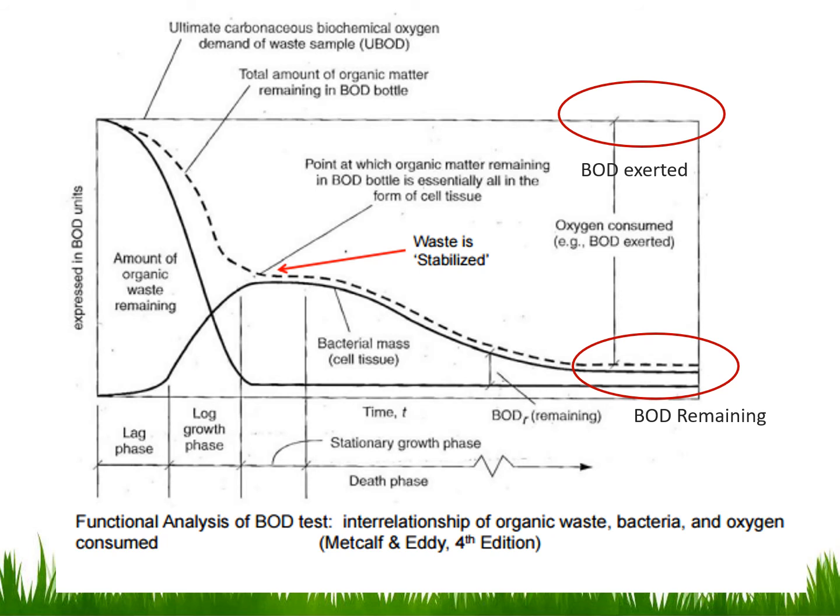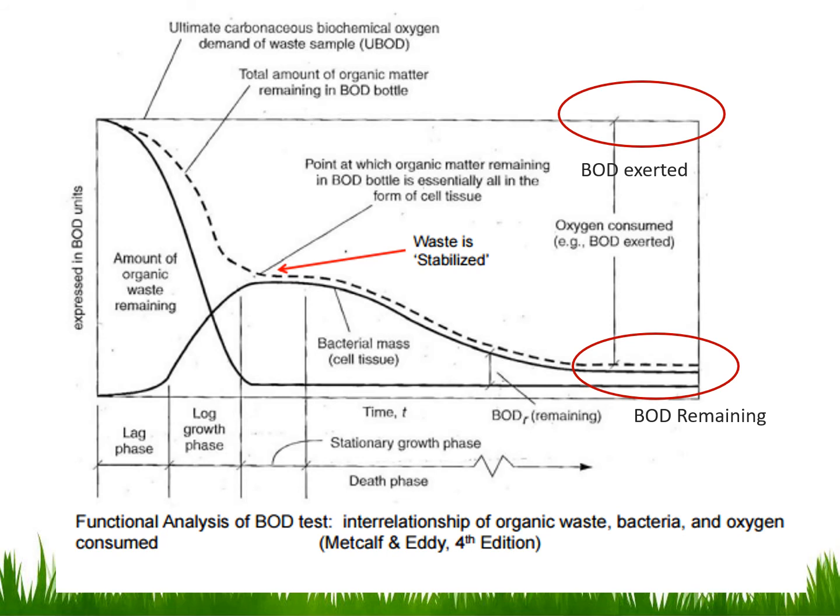See here, this is the ultimate BOD to this level, and this curve is giving us the amount of organic waste remaining. It is depleting quite fast. And at the same time, you see here the total amount of organic matter remaining in the BOD bottle. This is due to the waste, and this is due to the total organic content. Now, what is the difference?